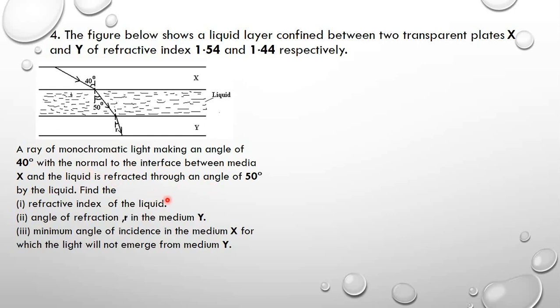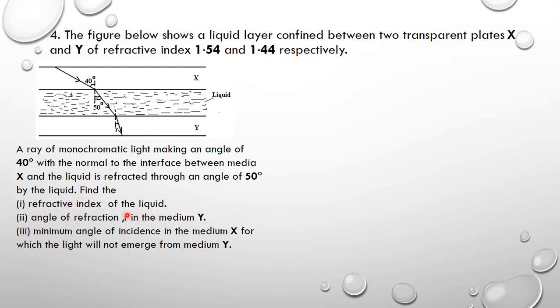Find the refractive index of the liquid, the angle of refraction R in the medium Y, and the minimum angle of incidence in the medium X for which the light will not emerge from Y.